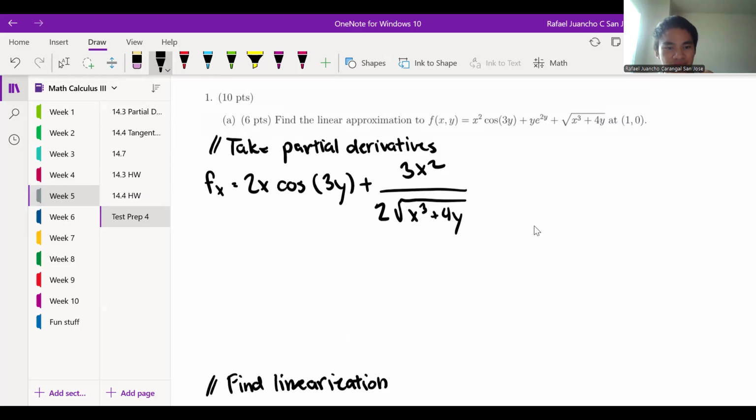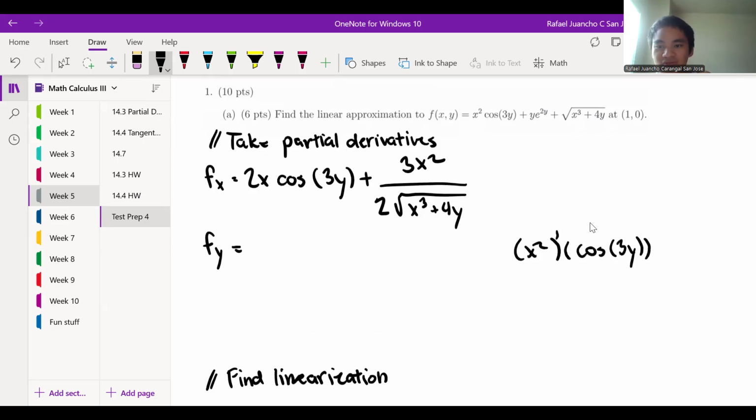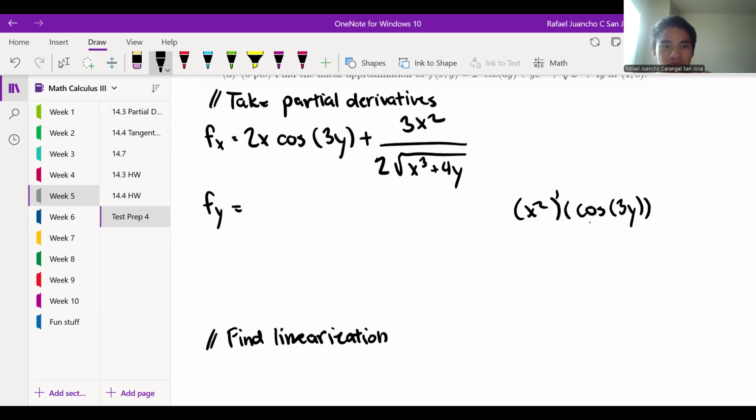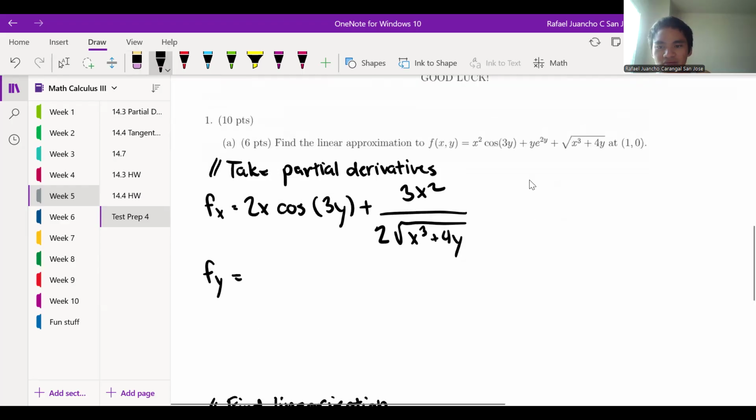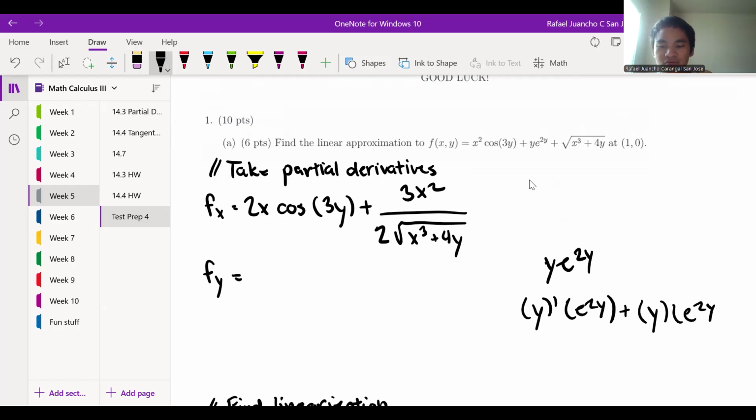Same thing for y. I take the derivative, I get... God. What makes this long is the derivative, so I have to keep note of that. x squared, this is just a 0. So that's done. y e to the 2y, well, that's just... again, I keep on doing product rule here.